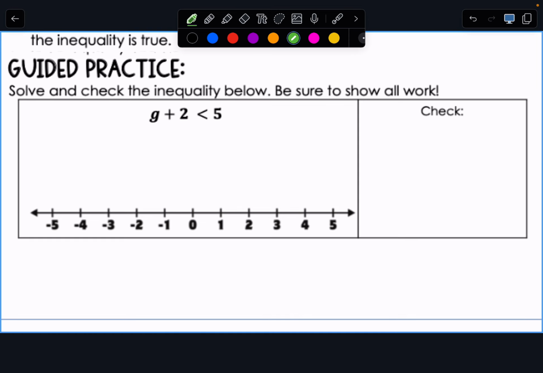Okay, what I want you to do is write down what you think the answer to this inequality is right now. Like solve it. Solve it like you think it should be solved, even though I haven't taught you yet.